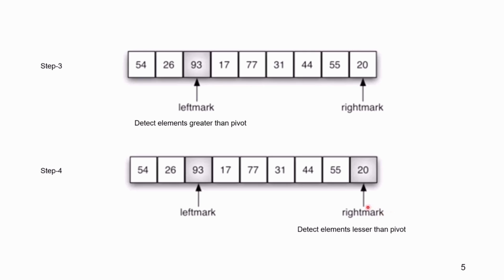The first element that is pointed to by the right marker is 20, which is already less than 54. Hence, we will stop the decrementation of the right marker here itself. Now that the right marker and left marker both have successfully detected their elements, we are going to swap these elements. That means we're going to swap 20 and bring it over here, and 93 is going to be swapped to the last position.